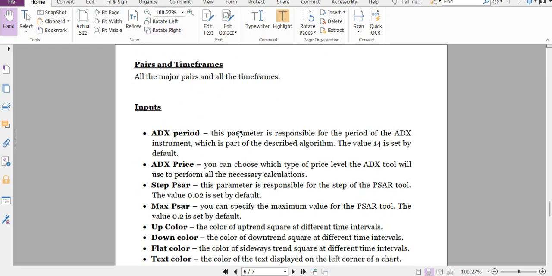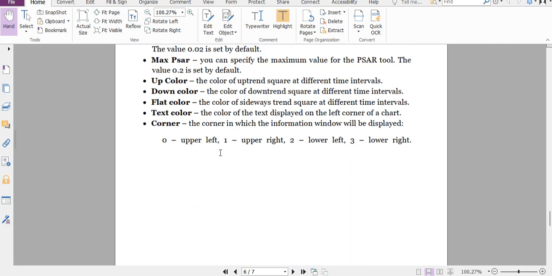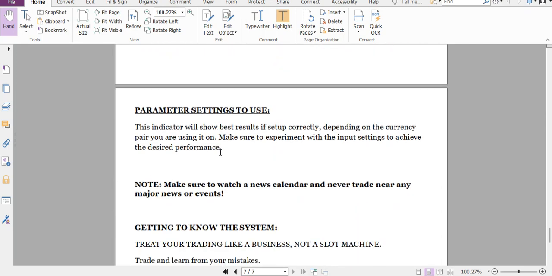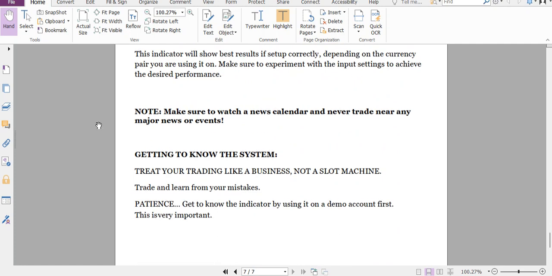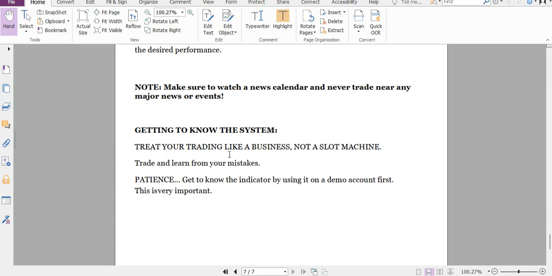Okay, this indicator contains ADX period, ADX price, step PSR, and max PSR, all set to the best option. Please don't change these options. Next, we come to the parametric setting that I told you about before, and you should obey several rules.